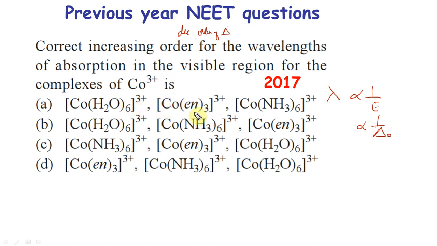So as you go from left to right, it should decrease. You go from weak field ligand to strong field ligand. Now you can see en greater than NH3 greater than water. As simple as that. But make sure that you correlate this relation.